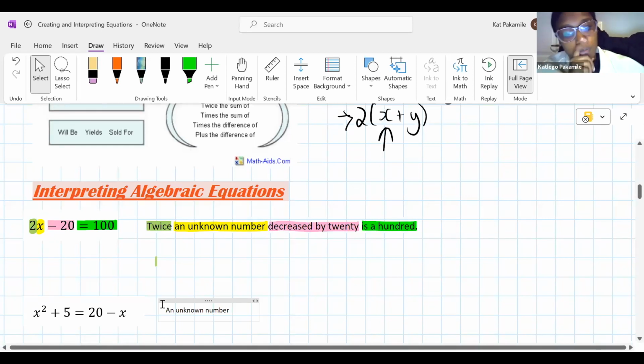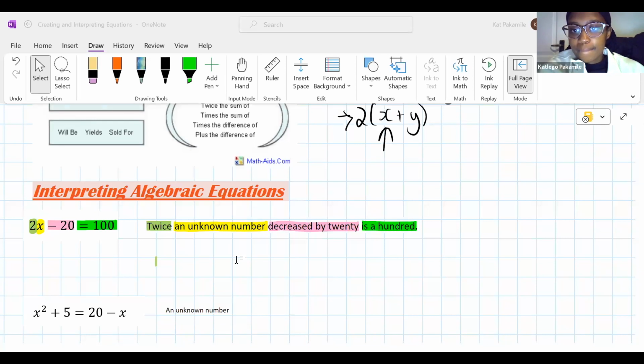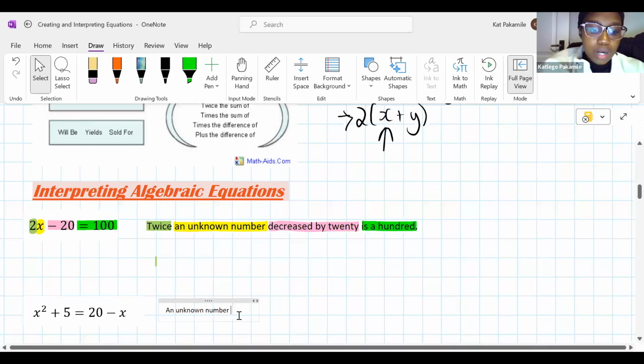By 2. What does x squared mean? Squared. So an unknown number squared. See, guys, we need to know our vocabulary. That little 2 at the top means squared, right? Okay, continue.